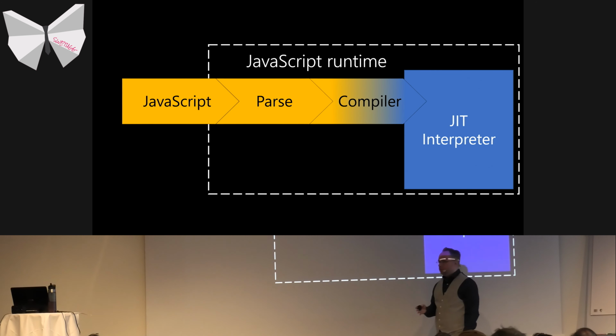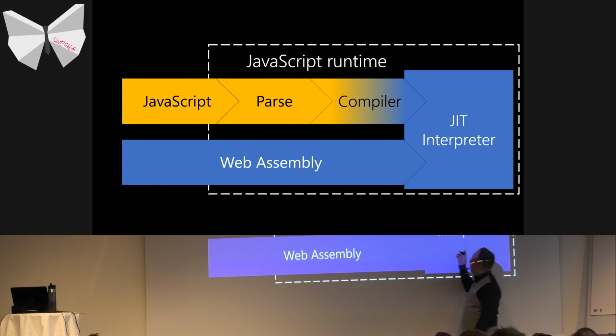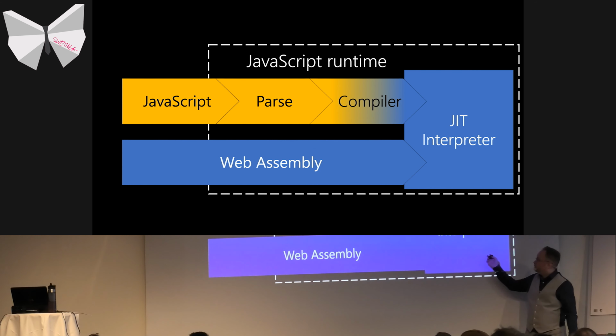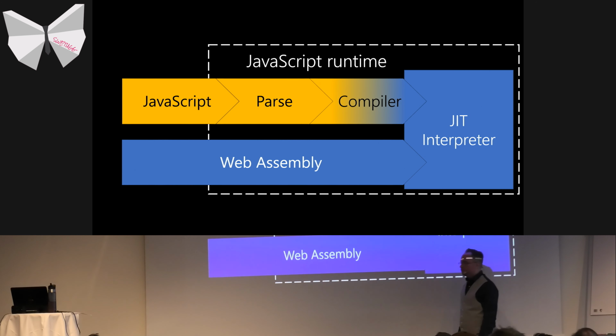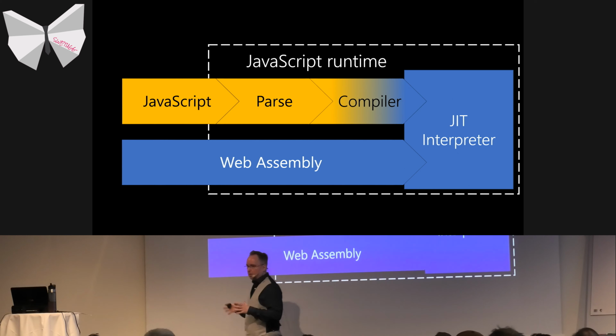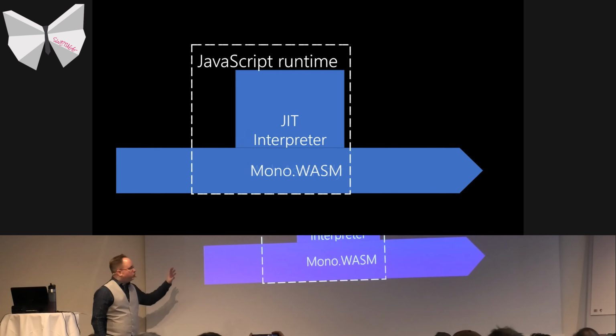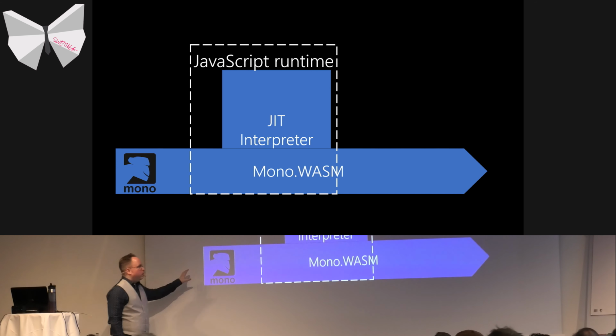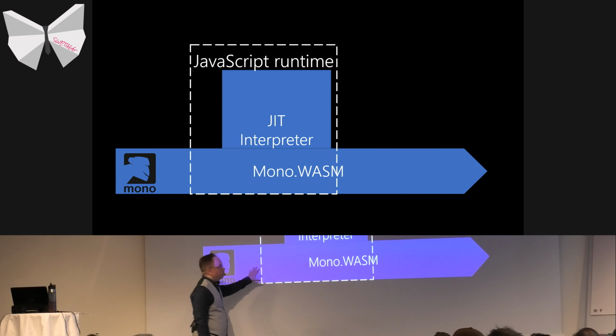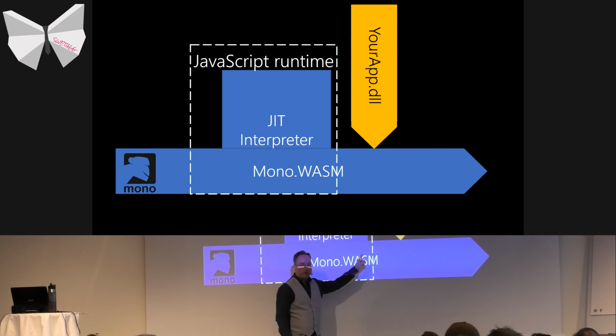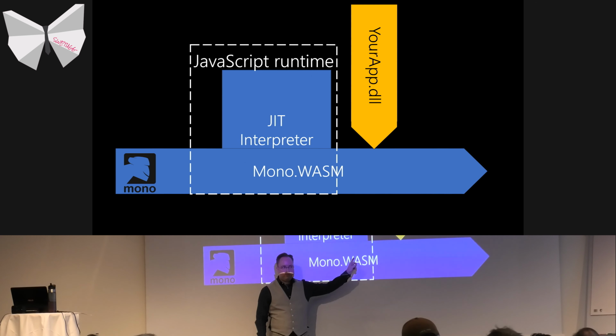With WebAssembly, we're just going to bypass all of that and go directly into the JIT compiler or JIT interpreter, because a JIT interpreter can read WebAssembly. So what Microsoft did was they took the Mono runtime and compiled that to WebAssembly, so it's running in our web browser, running our .NET DLLs.